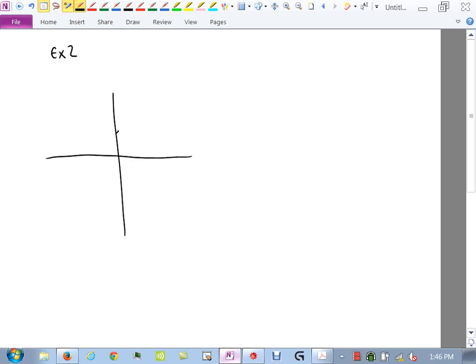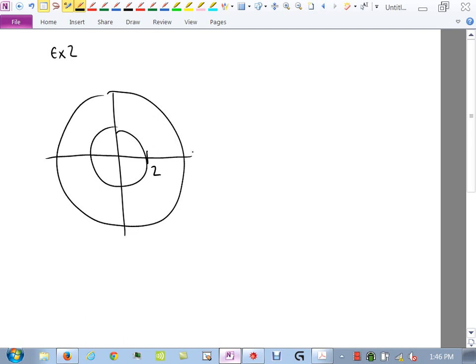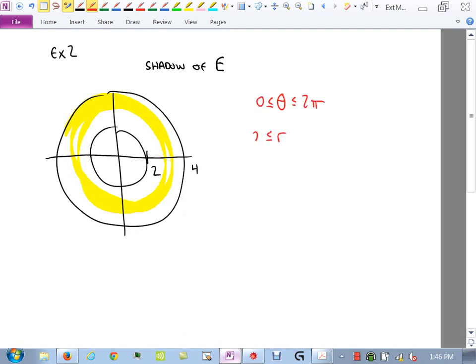We have radius 2 and radius 4. This is the shadow of E. Here's our region all in here. So what is our restriction on theta? 0 to pi, r from 2 to 4.